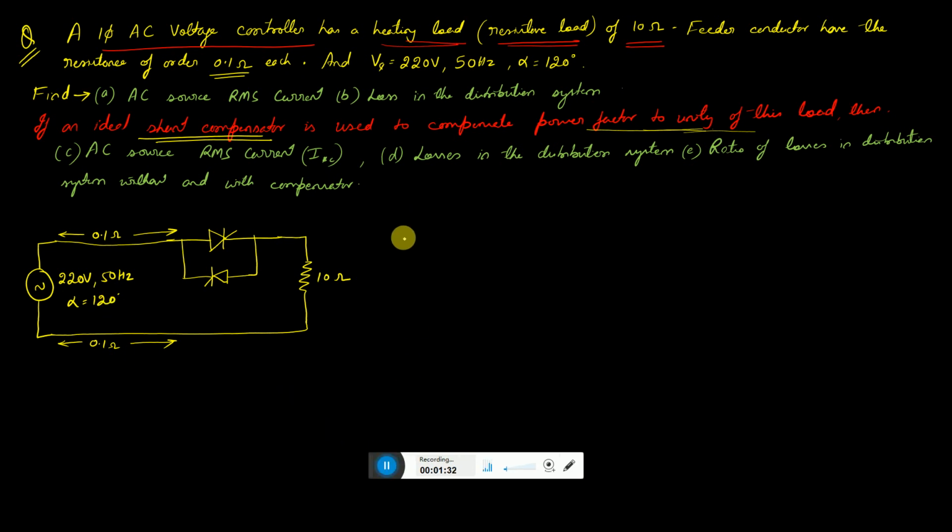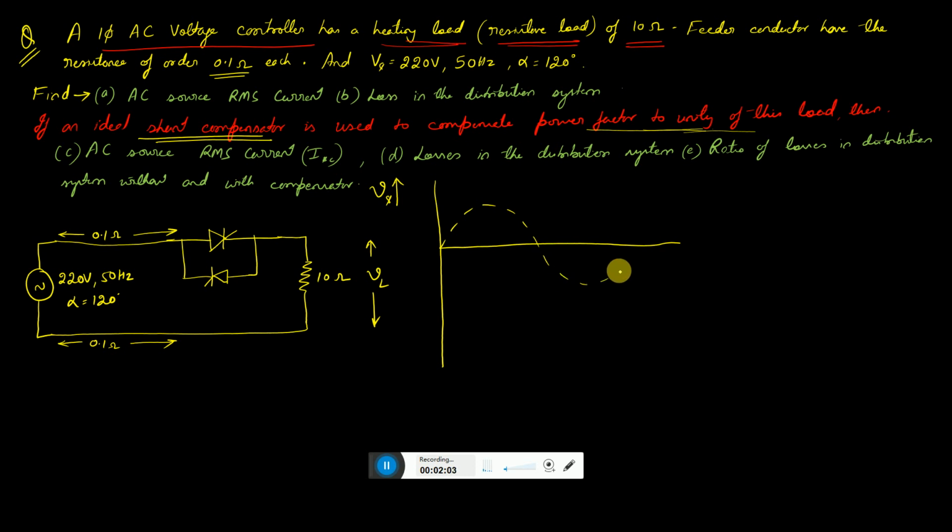Now as per this question, let us draw the output voltage and input voltage waveforms. Let us say the input voltage is Vs and the output voltage is VL. Let me draw the input voltage first with a dotted line.